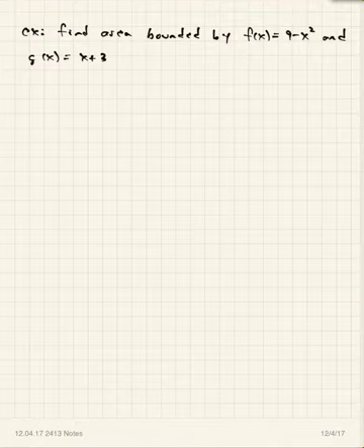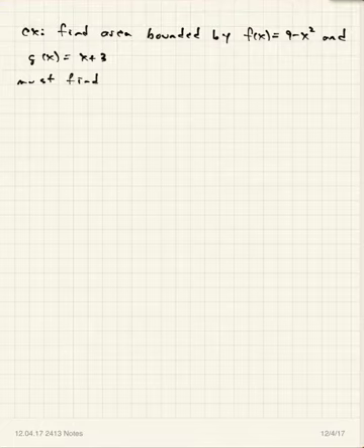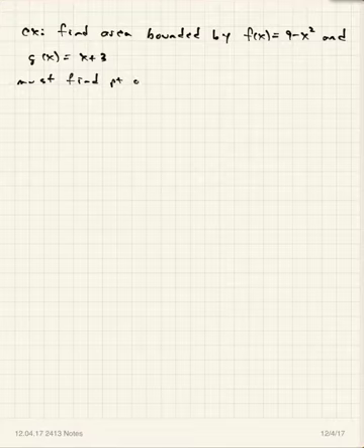And so one thing we must do is find where these two curves intersect. Because that's certainly implied from the directions here, that there's a region that's bounded by these two graphs. So we must find the points of intersection.